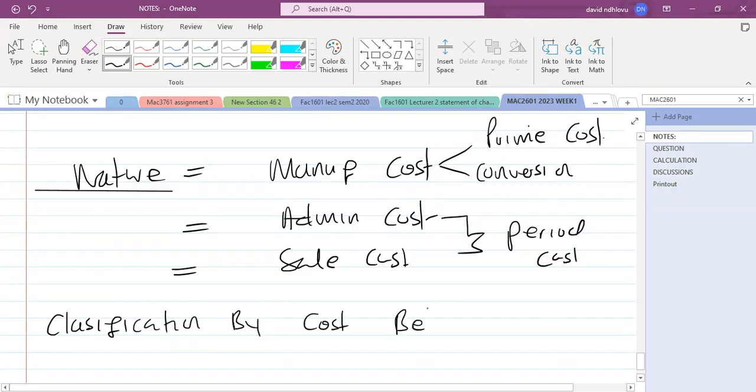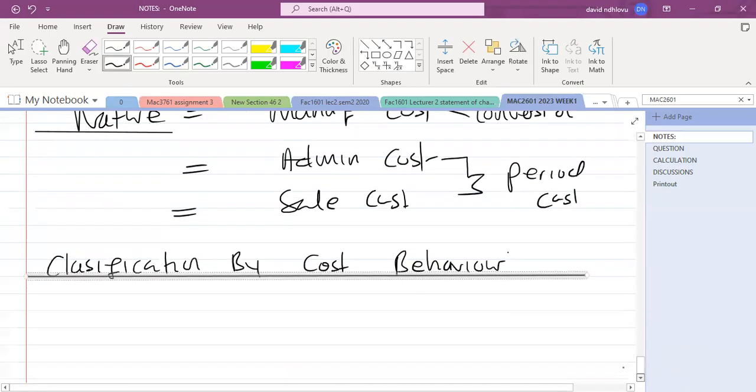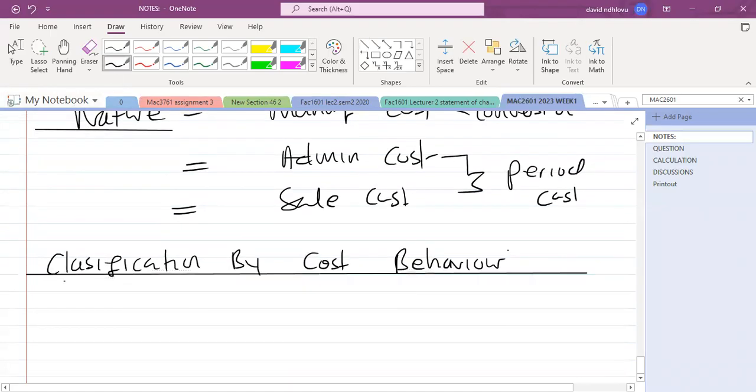When you talk about cost behavior, in simple terms, this is what we are saying. How does the cost respond to changes in output?